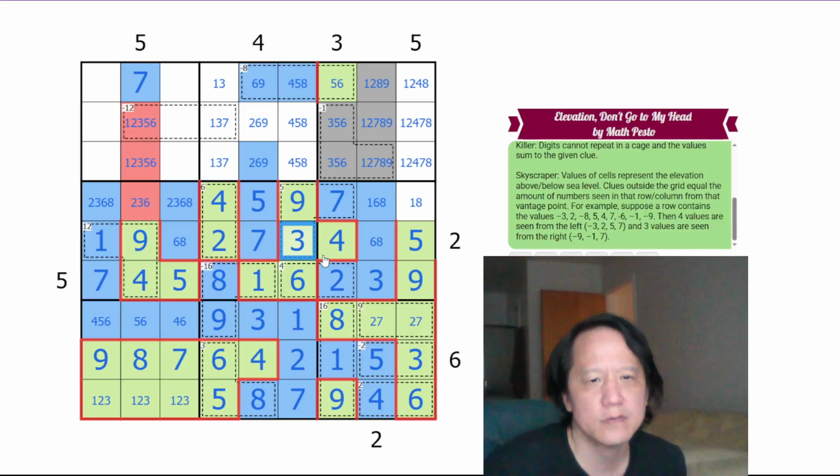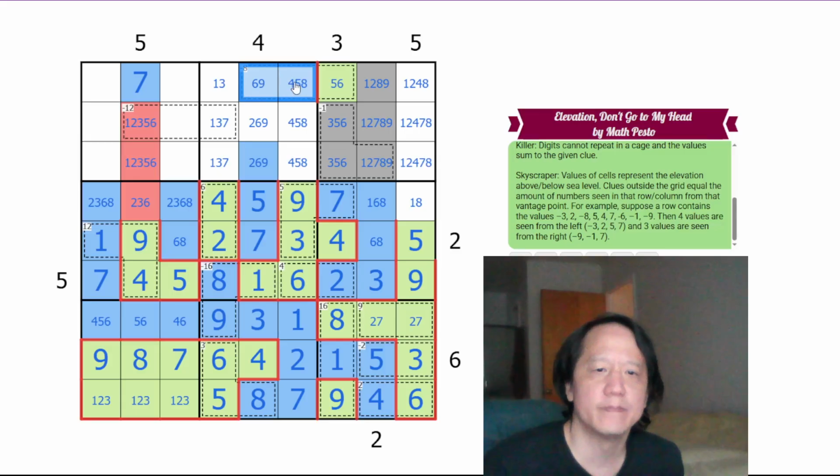Interesting. So right now, how does this add up? Negative 13 or negative 14? To get negative 13, it's 4, 9. Could work.